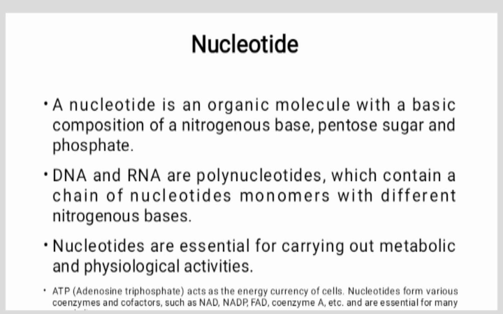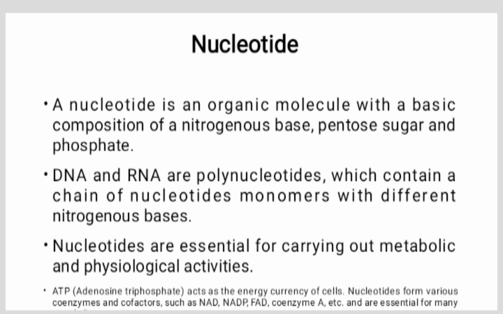Next one, nucleotide. A nucleotide is an organic molecule with a basic composition of a nitrogenous base, pentose sugar, and a phosphate. DNA and RNA are polynucleotides, which contain a chain of nucleotide monomers with different nitrogenous bases.